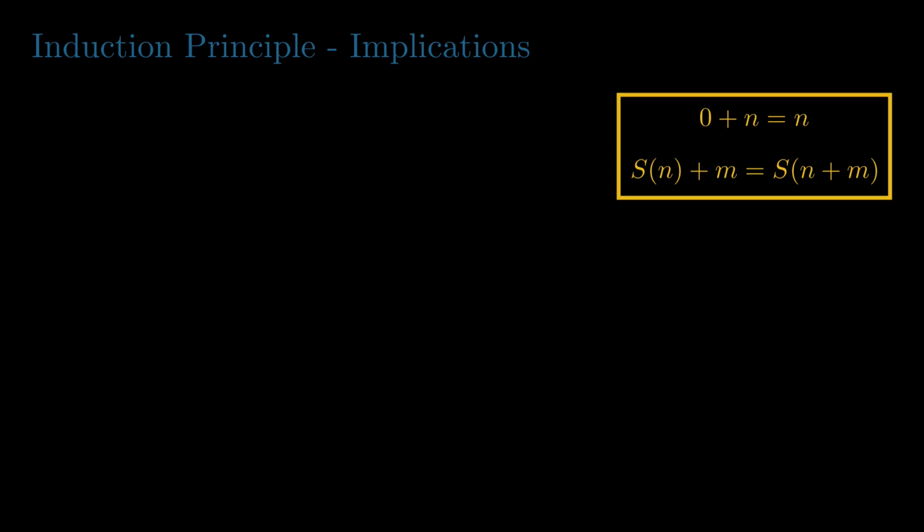What is the result of n plus 0? It can seem trivial. The result is again n, but no one told us that n plus 0 is equal to 0 plus n. I want to show you this is not something we have to assume. It is something we can prove thanks to induction.